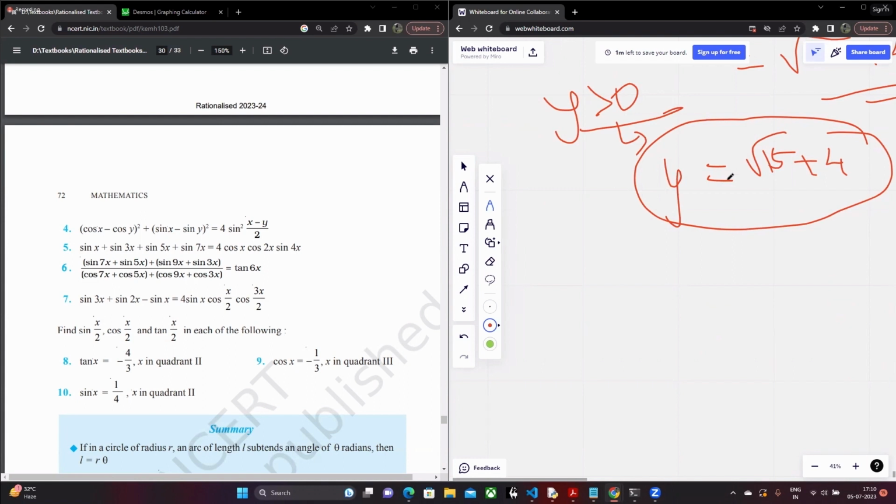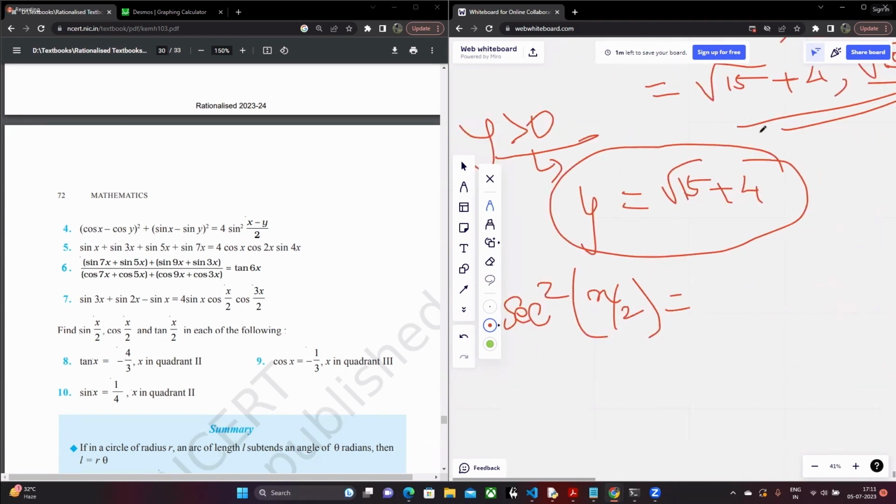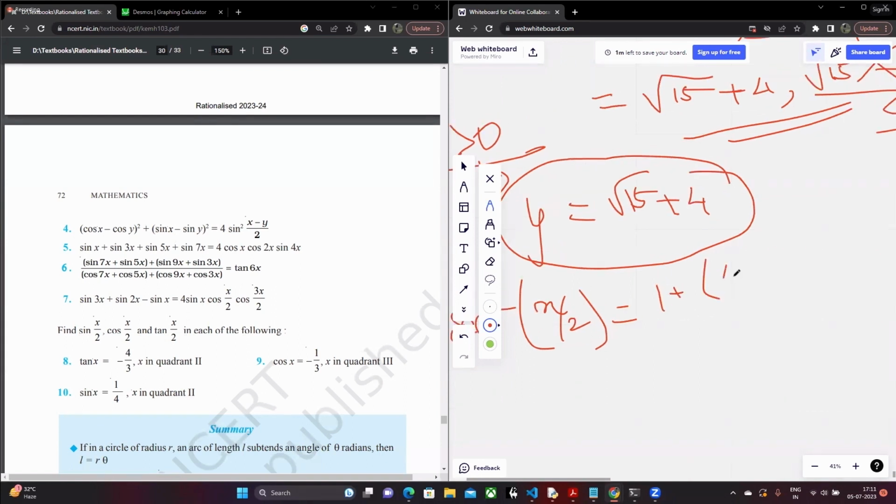So you have the value of tan x by 2. From this, you can state that secant squared x by 2 is going to be 1 plus this whole square, and this whole square is going to be 16 plus 15 plus 8 root 15, so that is 31 plus 8 root 15. Secant squared x by 2 is going to be 1 plus what? I'll just write this down because I don't want to make a mistake.